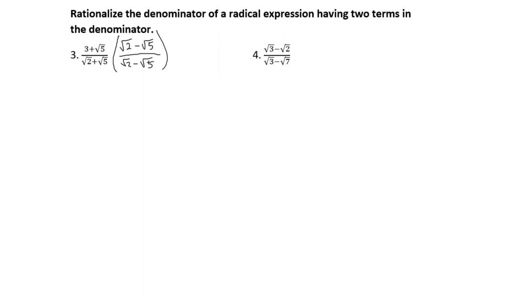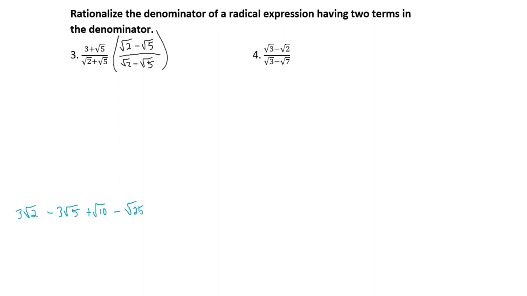So 3 times square root of 2 is 3 root 2. And then 3 times the last term would be negative 3 root 5. And then square root of 5 times square root of 2 would be square root of 10. And then square root of 5 times negative square root of 5 is negative square root of 25.